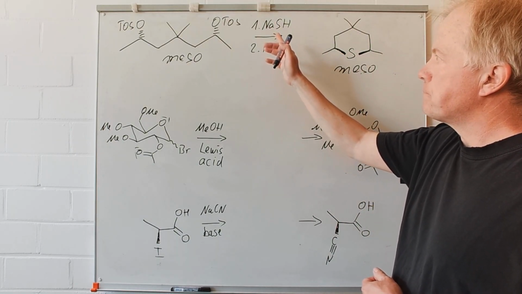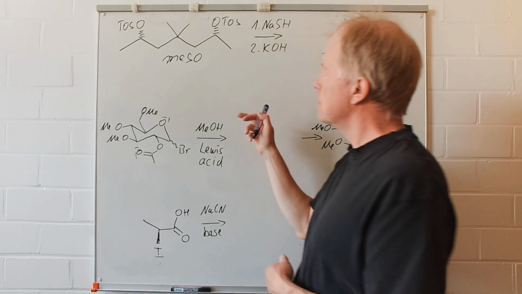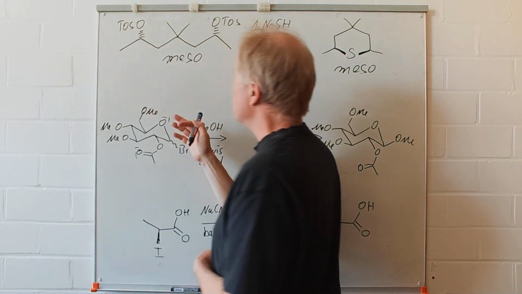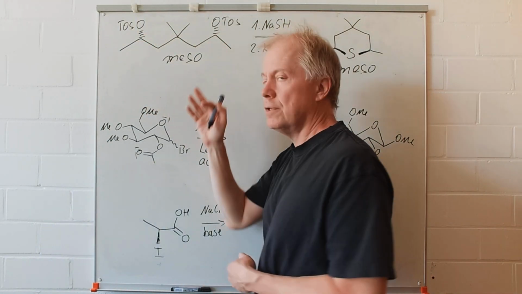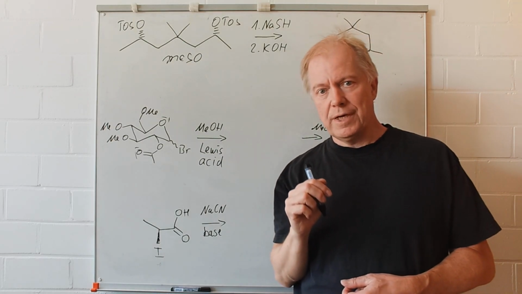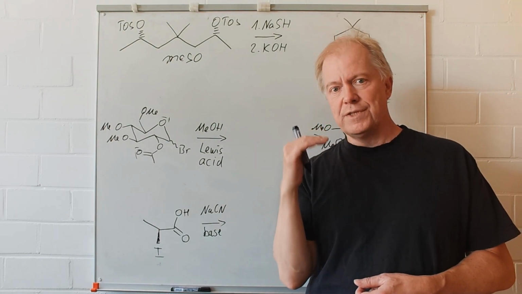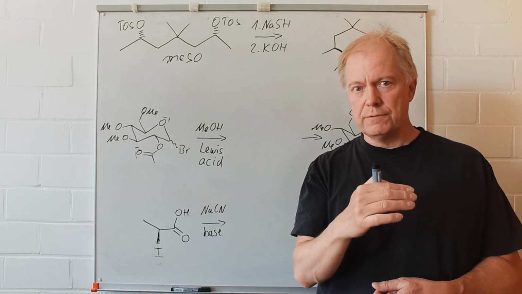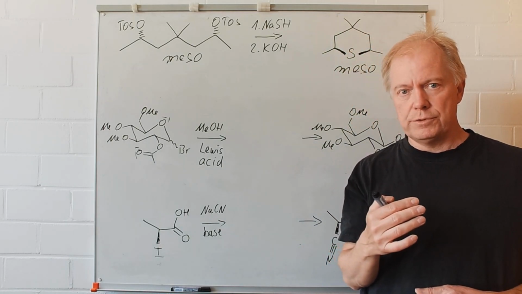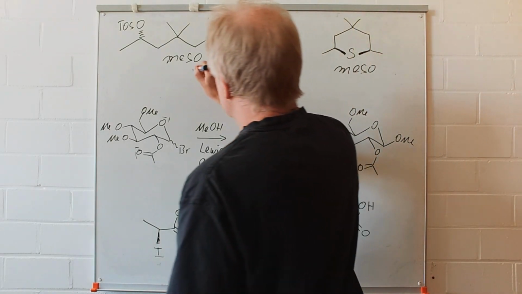So the thiolate will make first substitution either here or there. As this should be an SN2 process, this takes place with inversion at the stereogenic center.